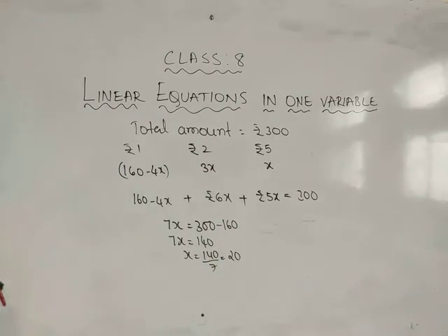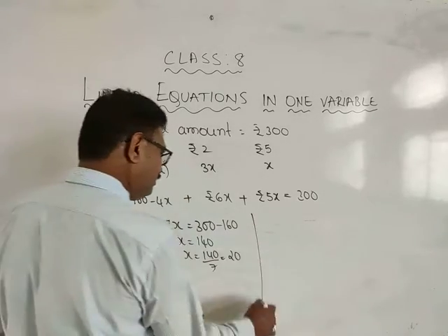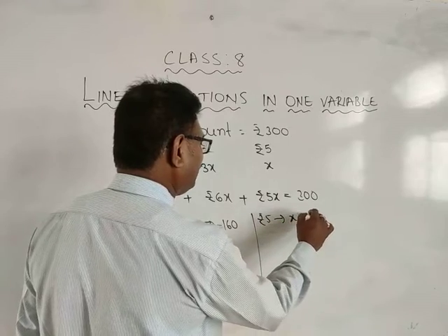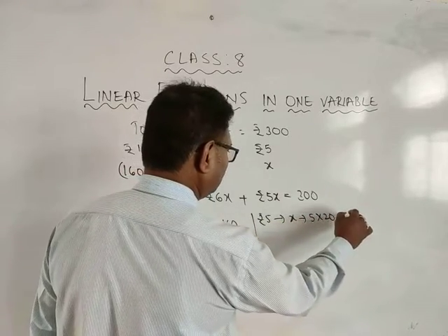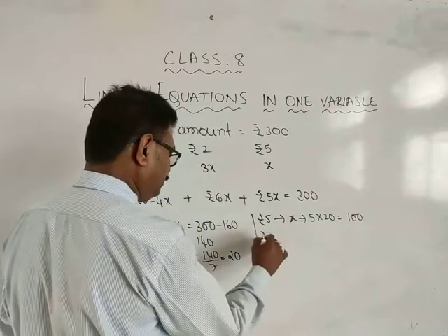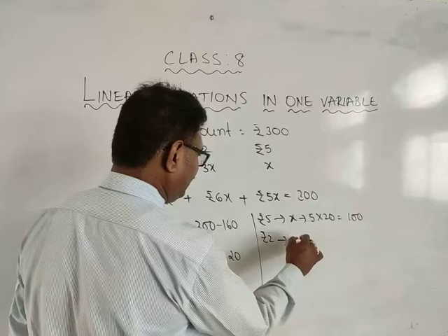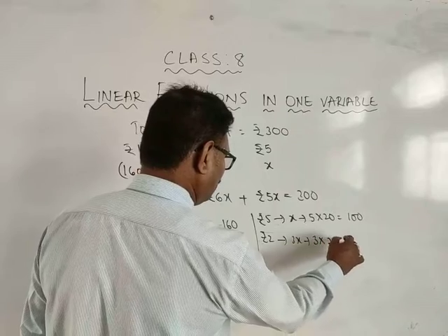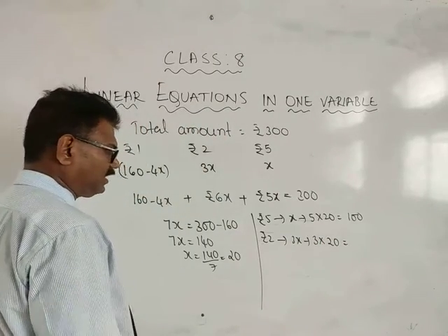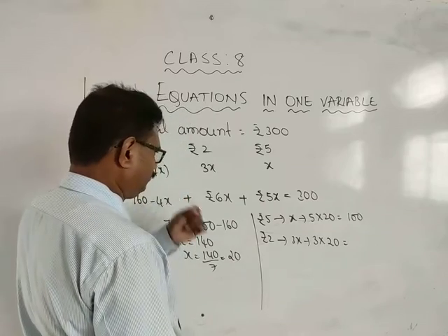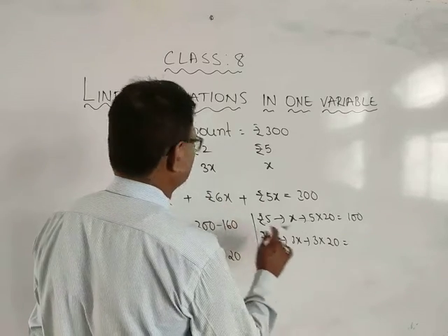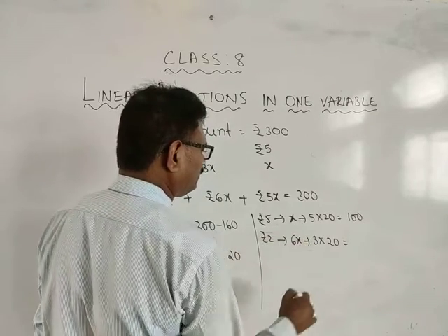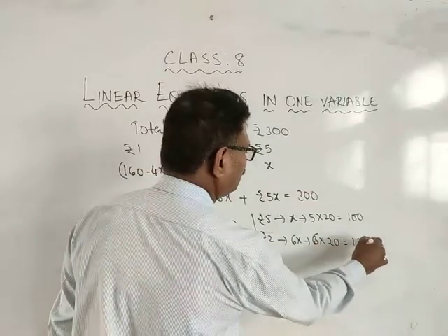7 2s are 14, 70. Therefore, now you can put it. Rupees 5 into x, it is nothing but 5 into 20, which is 100. Rupees 2, 3x is equal to 3 into 20, 6x, 6 into 20, 120.